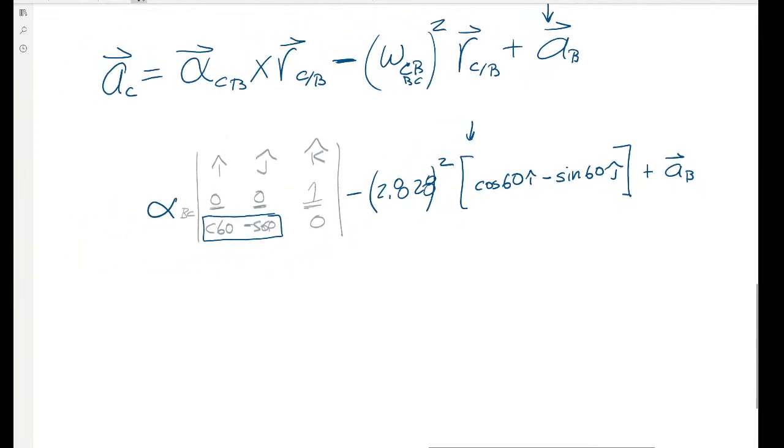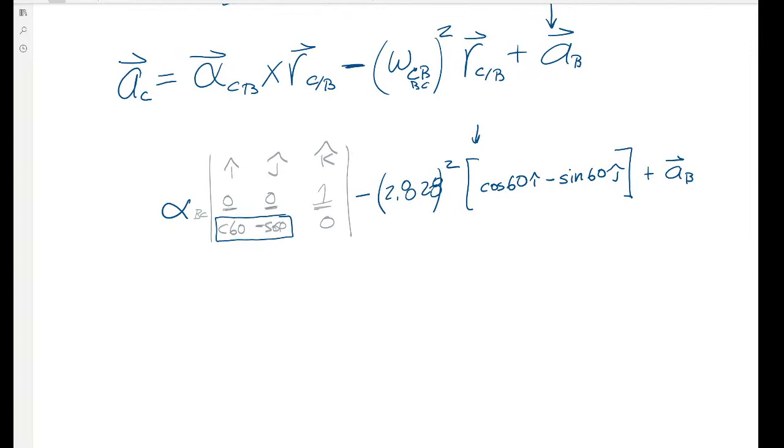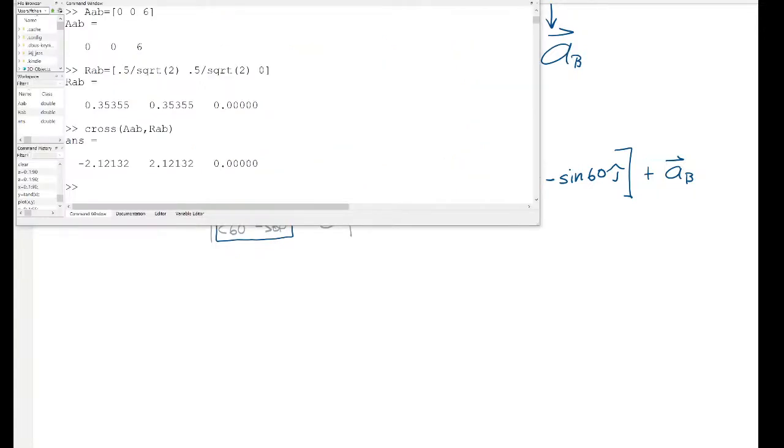Now, I don't have this saved, but here's what I'm about to do. I'm about to do this cross product right here with the alpha taken out in Octave.